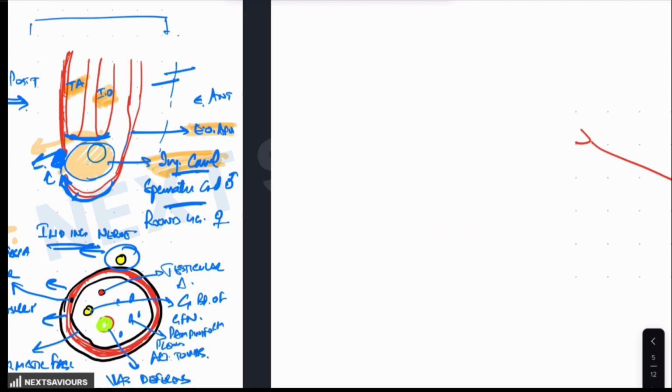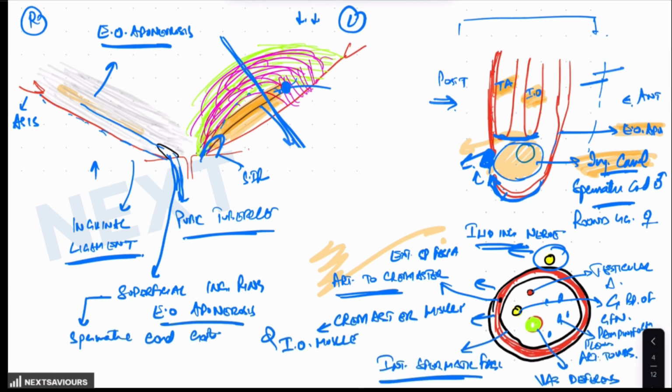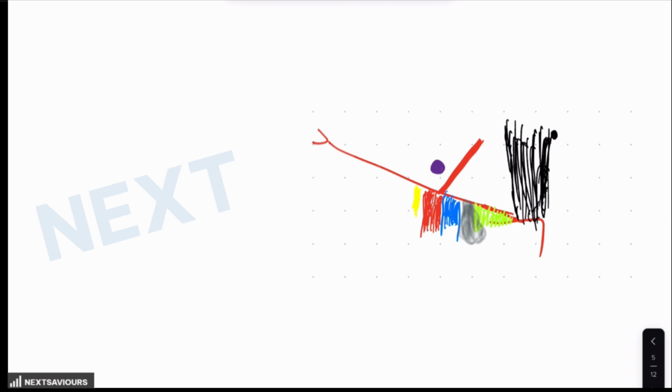Now further as we go deep, this is the first thing that we encounter, that is the external oblique aponeurosis. After cutting the external oblique aponeurosis, we see this structure here, the region of the inguinal canal and the muscles. Now if we go further deeper, what we see is this.